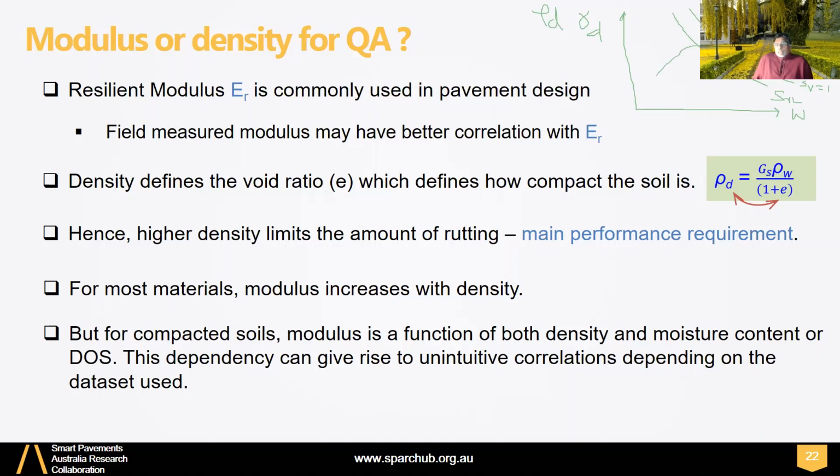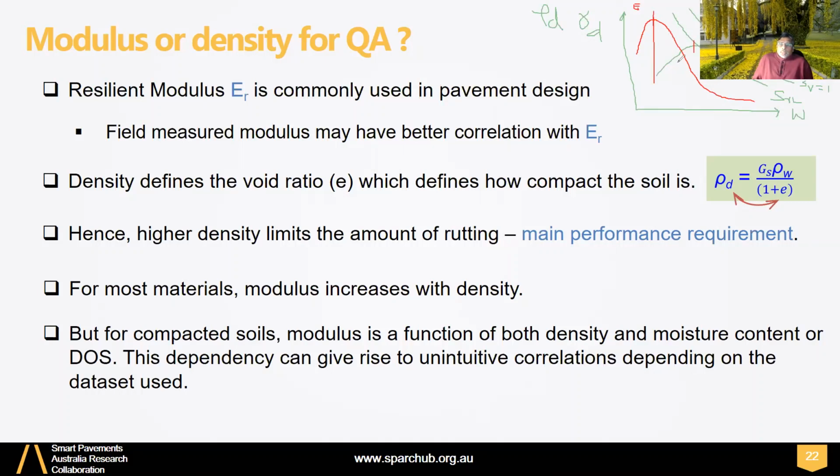So this is the compaction curve. And now if I try to draw on this, the modulus curve may look like this, like that. So modulus will peak away from this line.